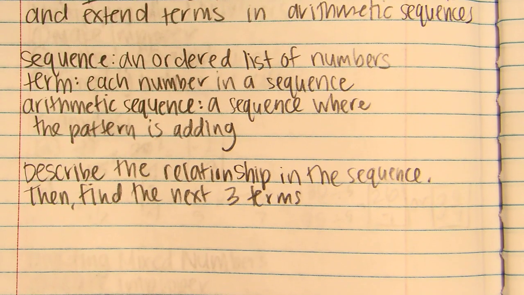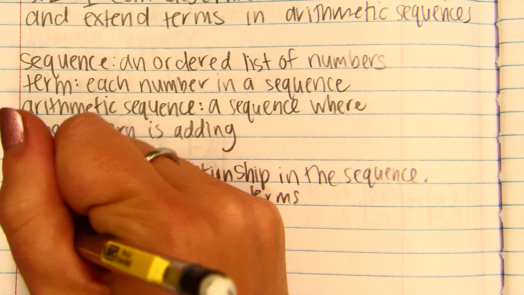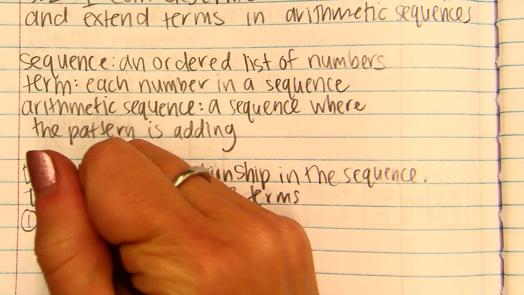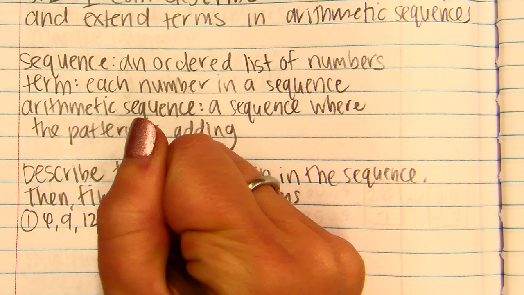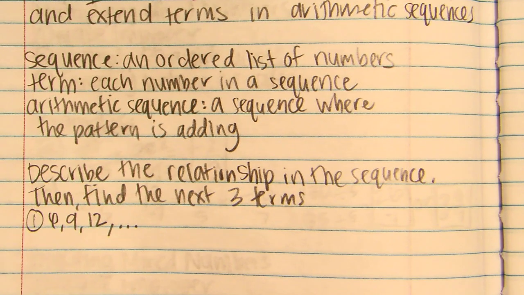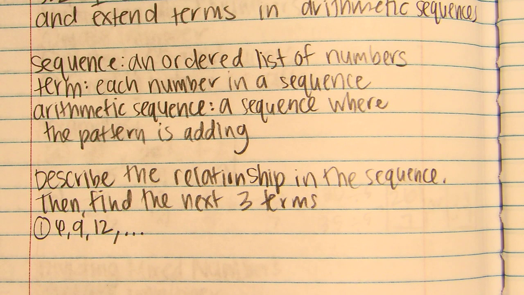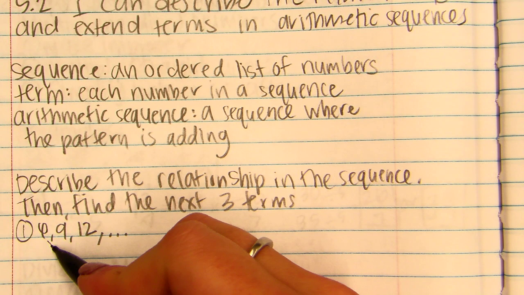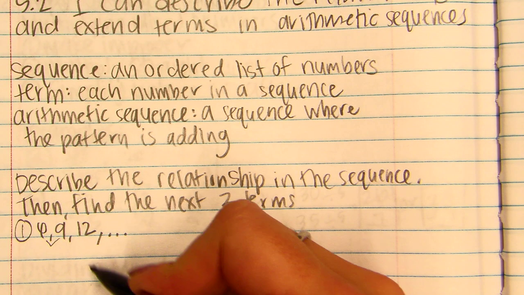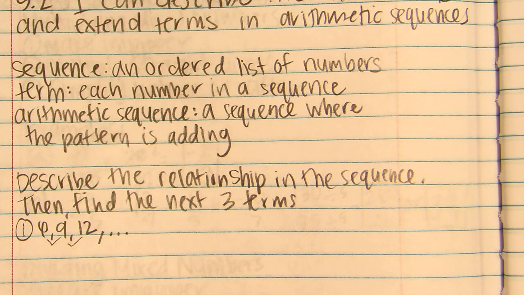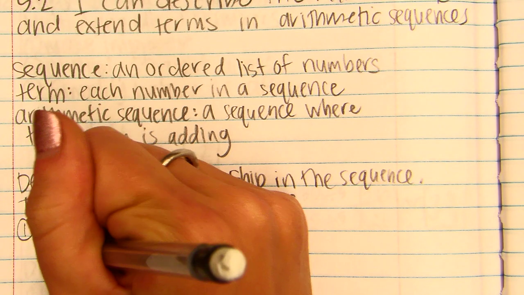So for our first example, let's say the sequence is 6, 9, 12, and then we know it continues. So first we have to find the pattern, or describe the relationship. And I know it's going to be an adding pattern. 6 plus what will give me 9, and 9 plus what will give me 12. I notice that it's adding 3.